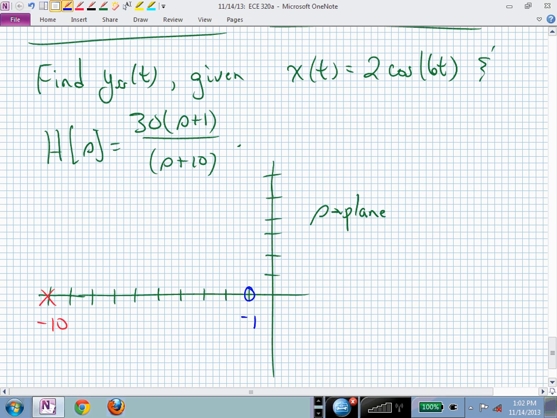Now, if I'm evaluating for the sinusoidal steady state, I've been using triangles because I don't want an X, I don't want an O. I want some distinguishing geometric shape so that you know that that's not a pole or a zero. Where do I put the triangle for this problem?